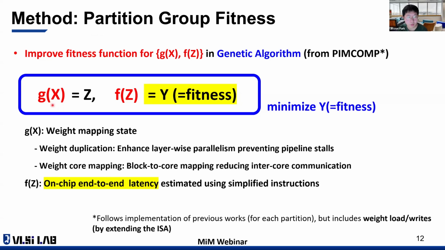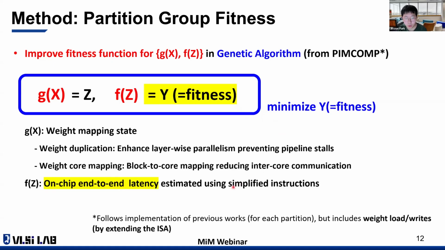So the GX is the weight mapping state. Given a sub weight set of X, we do the weight duplication and core mapping, which gets the weight mapping Z. And then we estimate this mapping's performance using simplified instructions, which gets the on-chip end-to-end latency. This is the fitness that we want to minimize in the genetic algorithm.